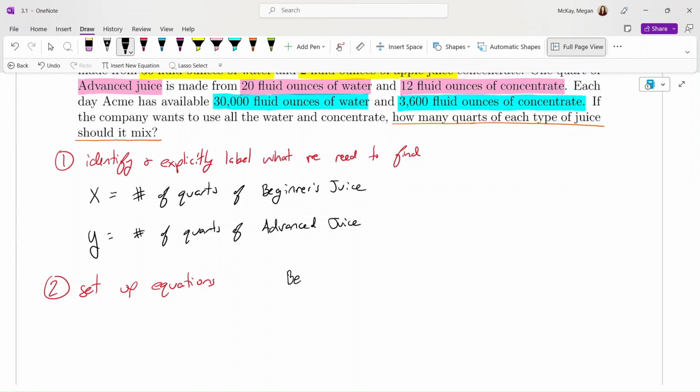So we're going to have beginner's juice up top, and I'm going to just remind us that we are using the variable x for beginner's juice. That'll be the first column. The second column, that's going to be advanced juice, and we're using the variable y for that.